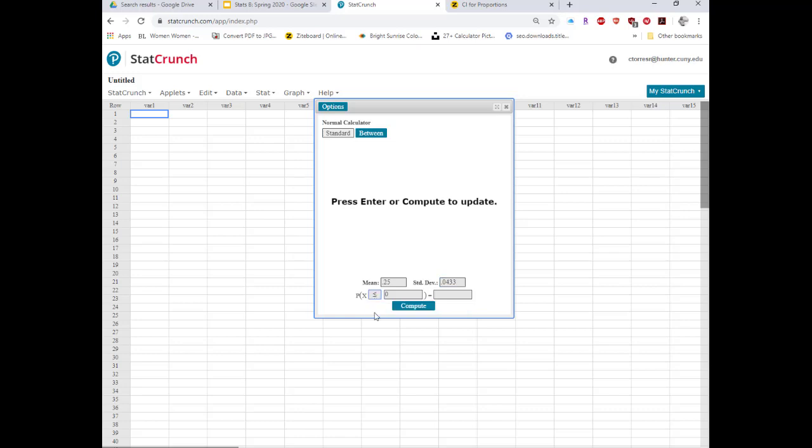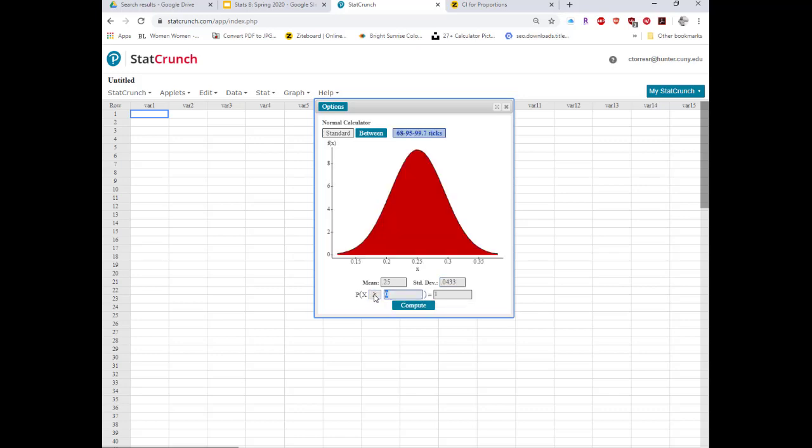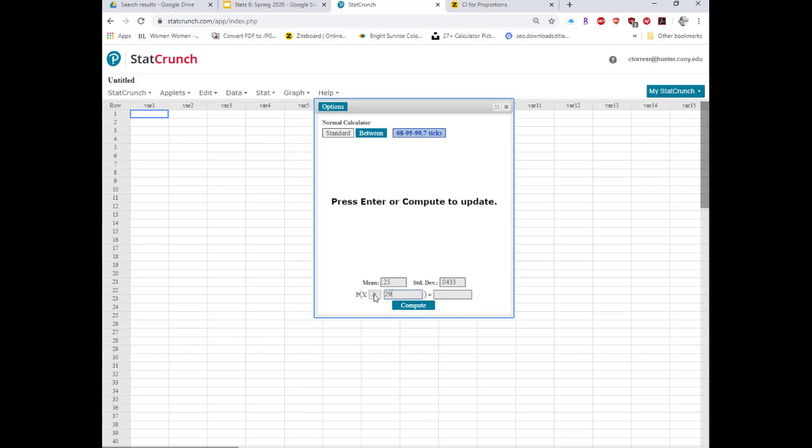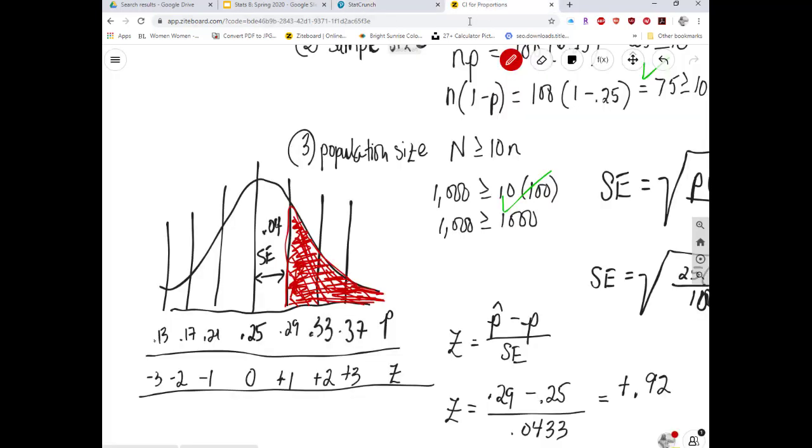And I want to know how much of it is greater than 0.29. The picture that pops up here should be identical to the picture that I drew. That looks about right. So what is the probability right here? It says that it's 0.1777. Hopefully I remember that. Okay, so let me scooch this down.